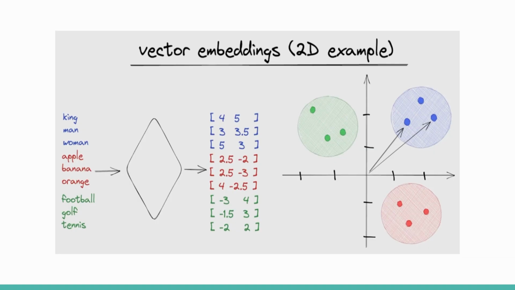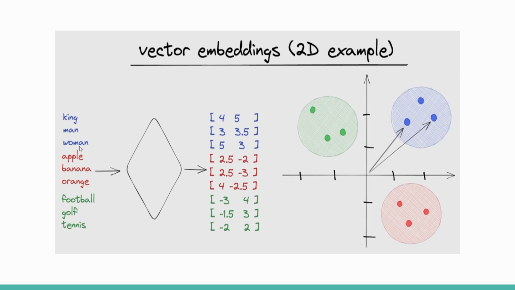So guys, here I kept another example. If you see this example, your concept will be very clear. I have these kinds of words, we are using an embedding model, and we are generating these kinds of vectors. If we plot these vectors in 2D, it will look like that. Let's say we have these three words, these three words, and these three words, and we are getting different vectors. And this is the cluster of each of the words.